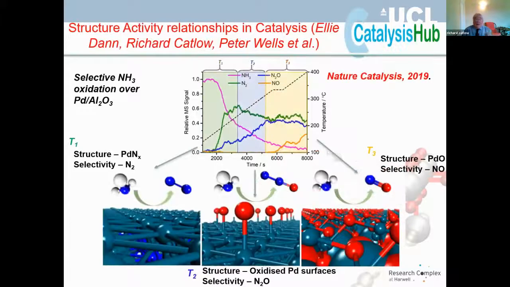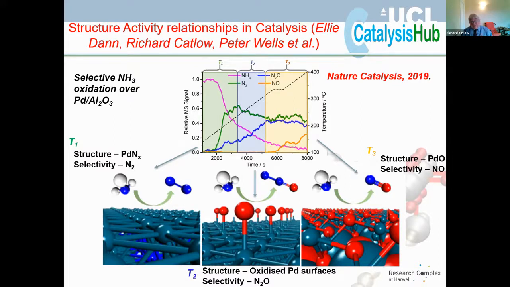Right, and then just finally, only one slide here, the recent work published in Nature Catalysis, which really shows structure-activity relationship. This again is a significant catalytic process: the oxidation of ammonia to nitrogen over a palladium catalyst supported on alumina. By carrying out in situ spectroscopy coupled to mass spectrometric analysis, you're able to show that if the surface of the palladium is what we think is a kind of palladium nitride compound, you get selectivity to nitrogen.